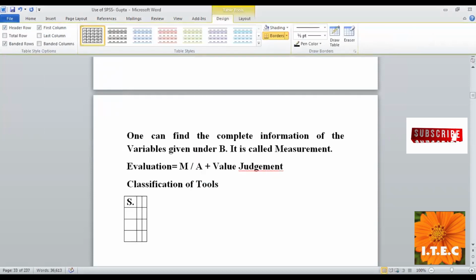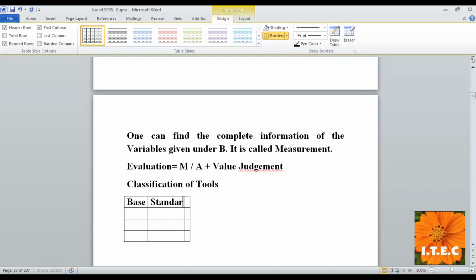So let me have, this is the serial number. And the tools are classified under two categories. One is called, let us have here base. Standardized and unstandardized.